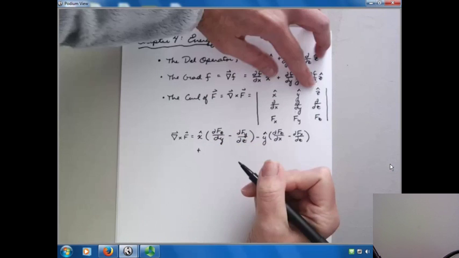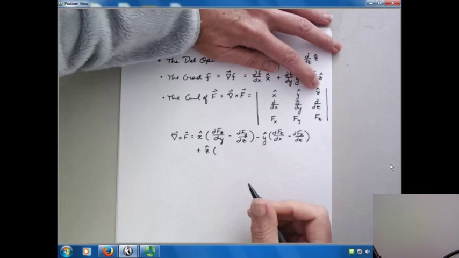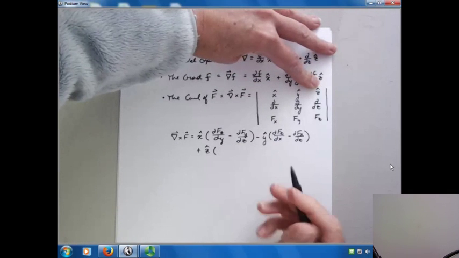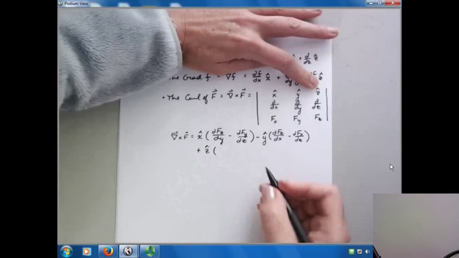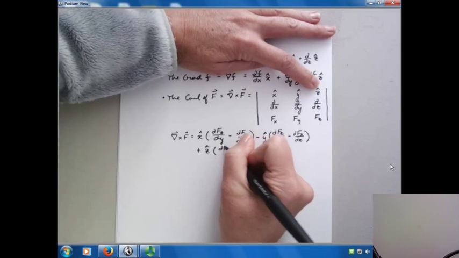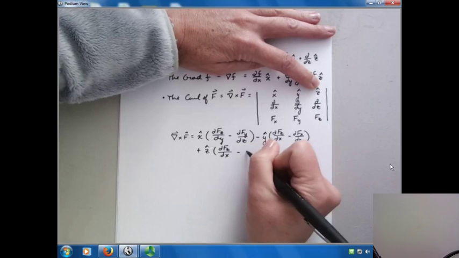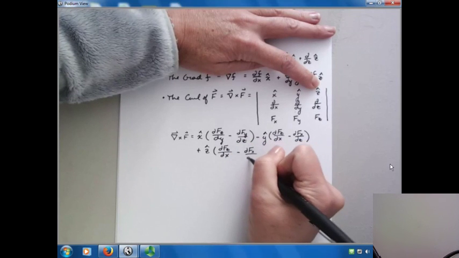Plus, again, now I'm going to my next unit vector z hat, times the determinant of the 2 by 2 that's left over if I take out its row and column. That gives me dfz/dx minus dfx/dz.